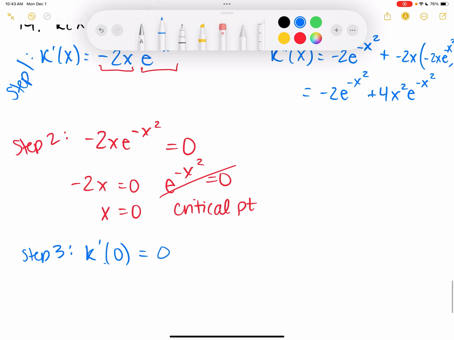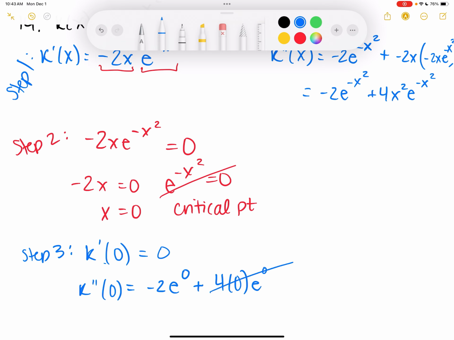So then the second derivative evaluated at our critical point is negative 2e to the 0 plus 4 times 0 e to the 0. So this second part all goes away.